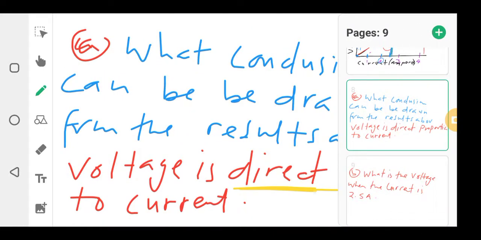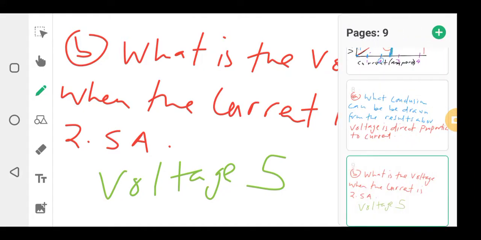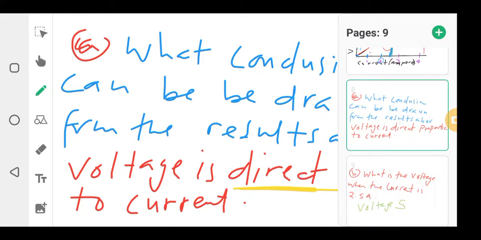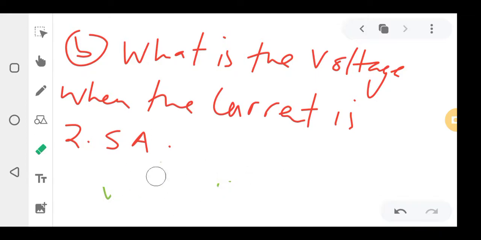So I just pick using the graph. My voltage is actually 5 volts. When you draw your own graph, it may be 3.5 or 4.5, I don't know, so the answer may not be 5.